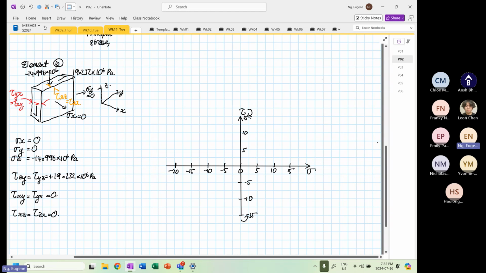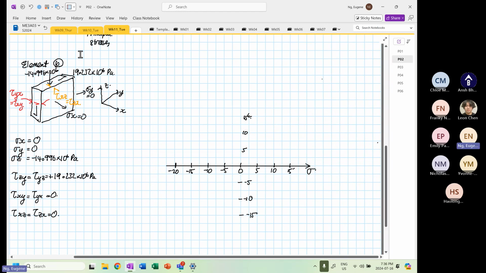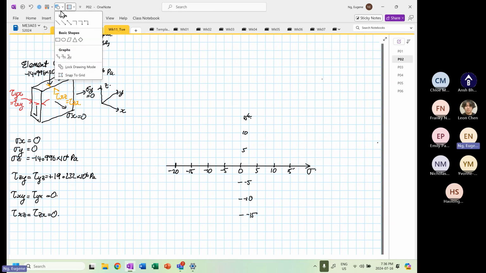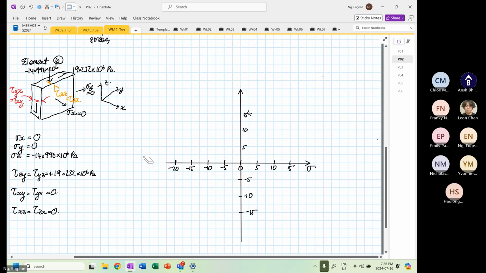Okay, so let me see. I need more than that. Okay, so I need this to be at 20 or 25. So this is 15, this is 20, and then I need up to 25.